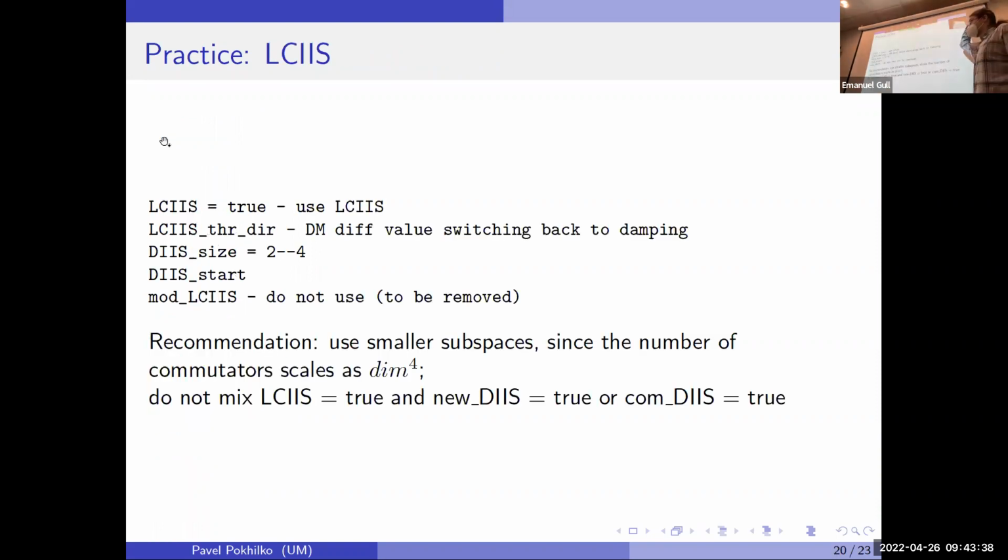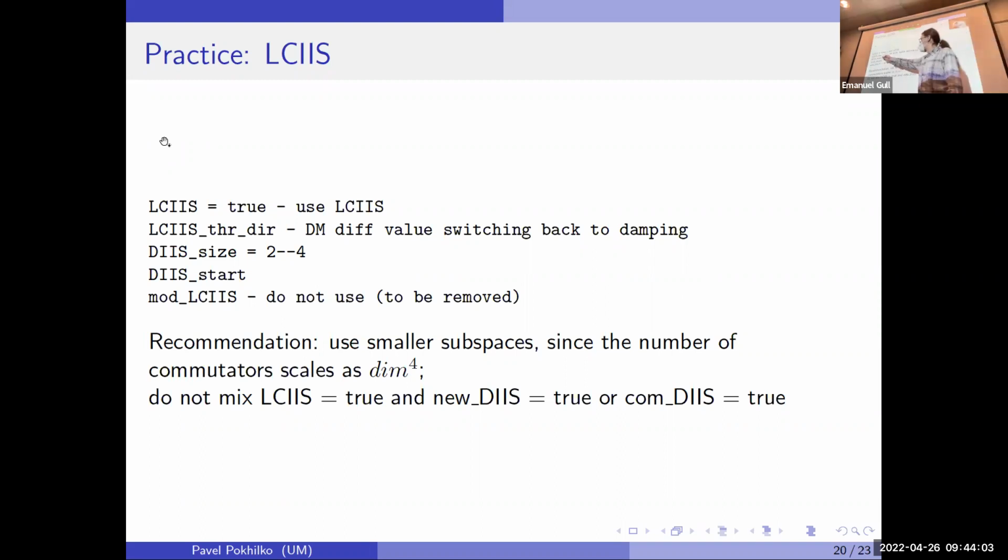So you can also use LCIS. You don't need to specify new_DIIS or com_DIIS parameters to do that. You can just say LCIS equals true. I also looked at how one can avoid this numerical noise near the convergence.